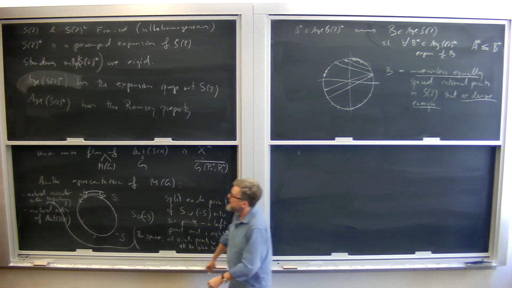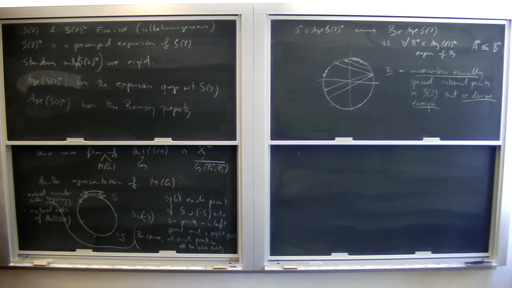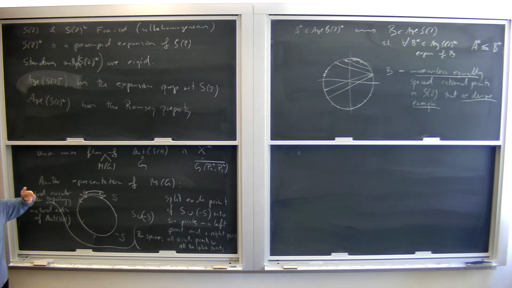So there is no expansion of S2 by a linear order such that X star, defined with the linear order instead of these two P0 and P1, gives you the universal minimal flow.